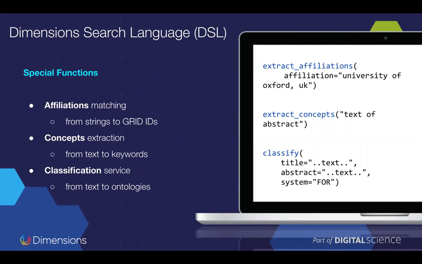And so this function will then spit out a taxon, an item from the FOR taxonomy that matches your text. And once again, what's happening in the background is that the entire dimensions corpus is being used in order to make sense of that text and attach it to a specific item in the taxonomy.